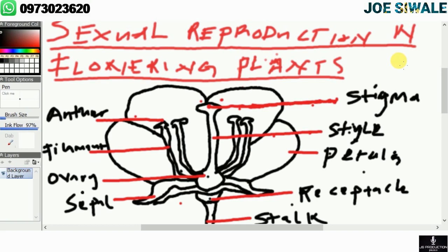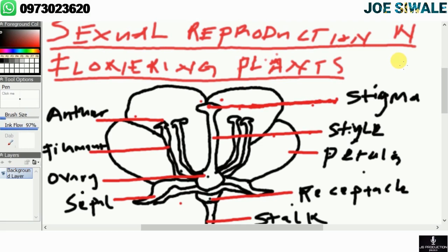Then coming to the stigma, the style, and the ovary, this forms the female parts of the flower, and the female parts of the flower are referred to as the pistil. The function of the stigma is to receive the pollen grain and to induce it so that it can germinate through it. The function of the style is to make sure that as the pollen grain arrives at the stigma, it can grow down so that it can reach the ovary.